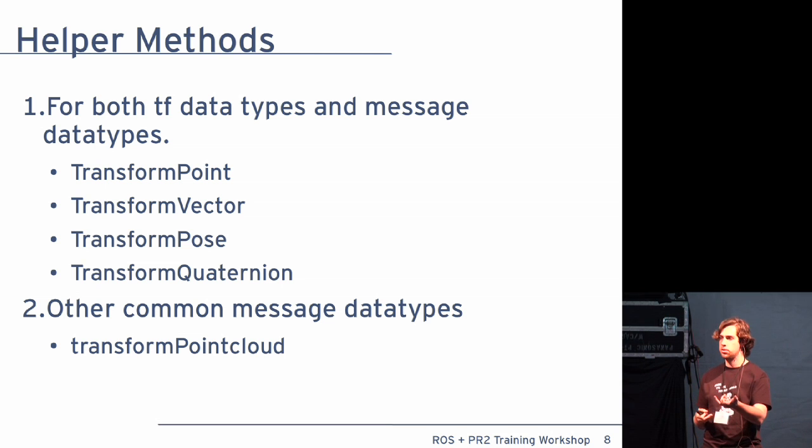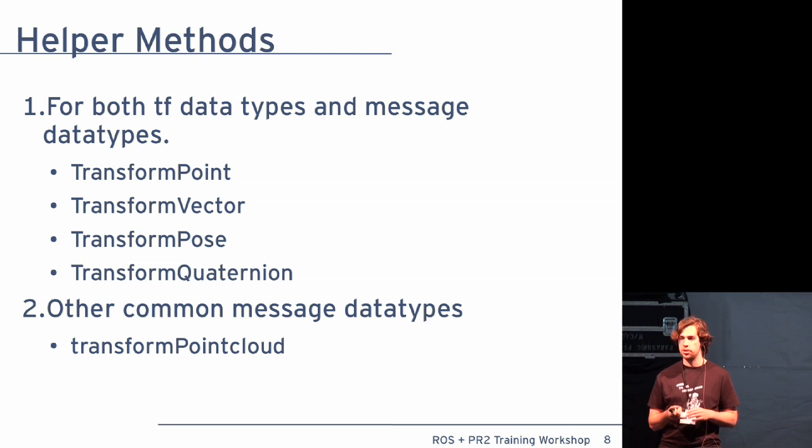So you pass in a pose stamped, and you get back a pose stamped in the case of pose. These are defined on the basic data types inside of ROS, both for messages and the TF data types. And there are bindings for various data types like KDL ones, Eigen, and point clouds.